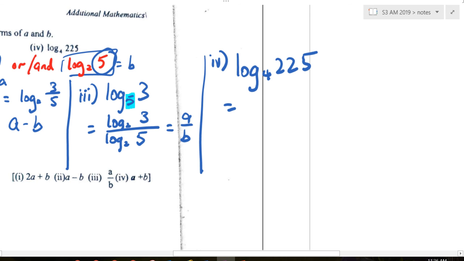So log base 4 is useless. Should I change it to a useful base first? Let's try. Vaish, if I change to base 2, what do I write on top? See? So good. Bottom? 4.